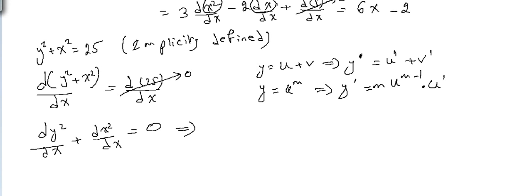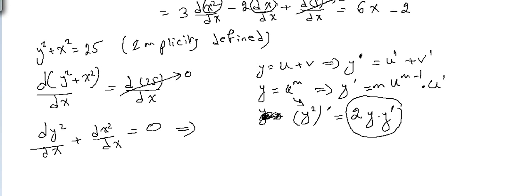So if the function u equals y squared instead of y to the power m, what is its derivative? It's m, which is 2, y to the power m minus 1, which is 1, times the derivative of y, which is y prime. So 2y, y prime.